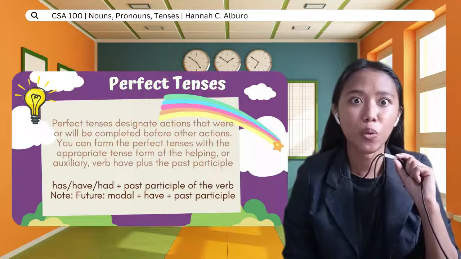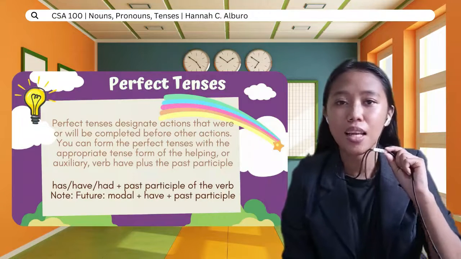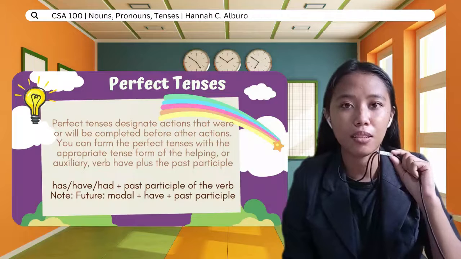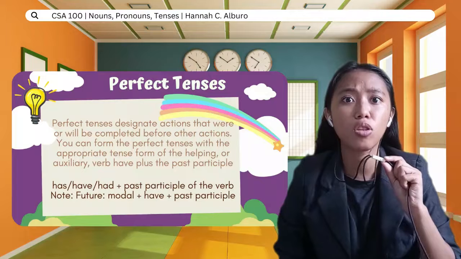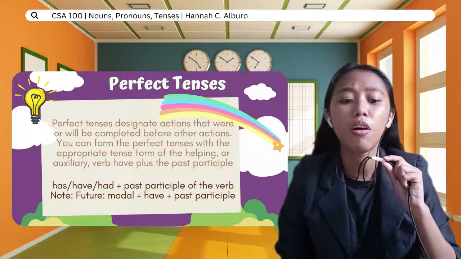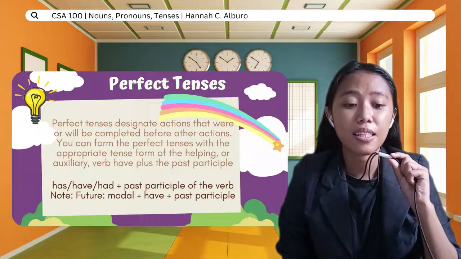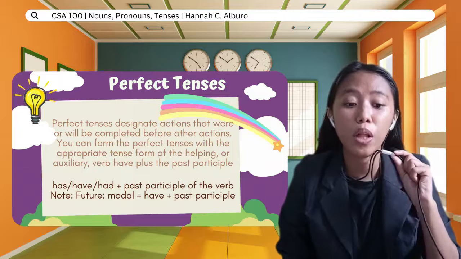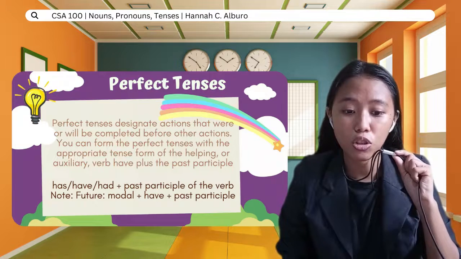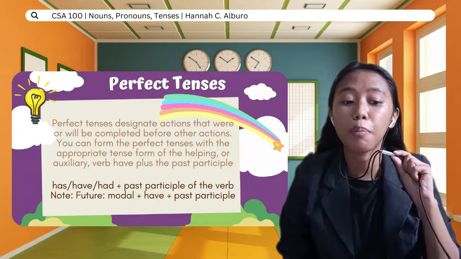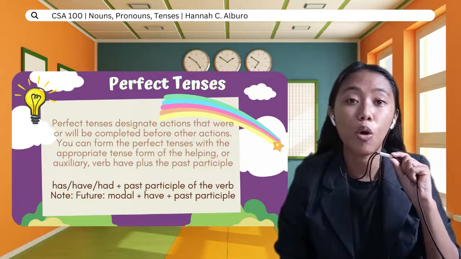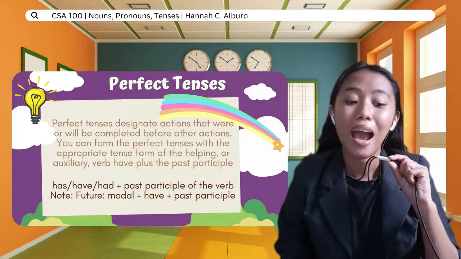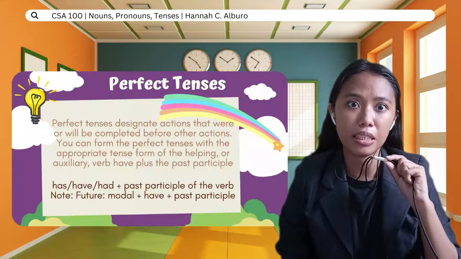Okay, now that we are done with the simple tenses, let us move on to the perfect tenses. From the name itself, perfect, meaning the actions are already perfected. Perfect tenses designate actions that were or will be completed before other actions. You can form the perfect tenses with the appropriate tense form of the helping or auxiliary verb have plus the past participle.